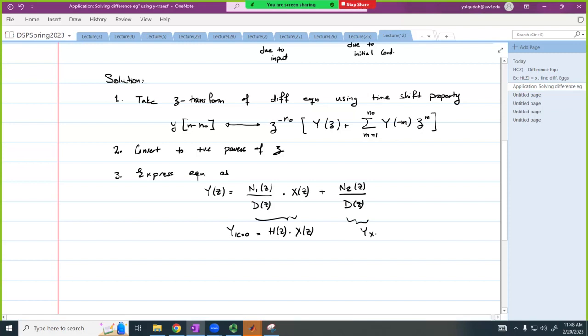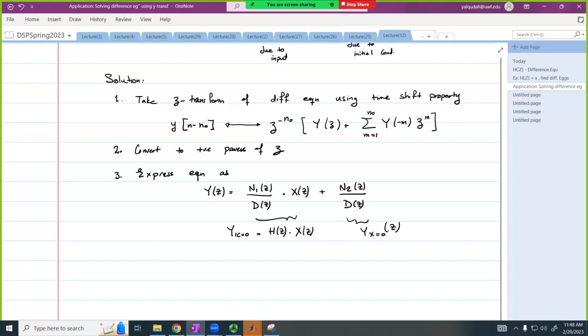So this is when x is equal to 0. Together? The denominator is the same, right? Remember, when we calculate H of z, what is H of z? Y of z over X of z when the initial conditions are 0. Make sense? Remember that? Transfer function. So if I set the initial conditions to 0, I go back to Y of z equal to H of z multiplied by X of z.